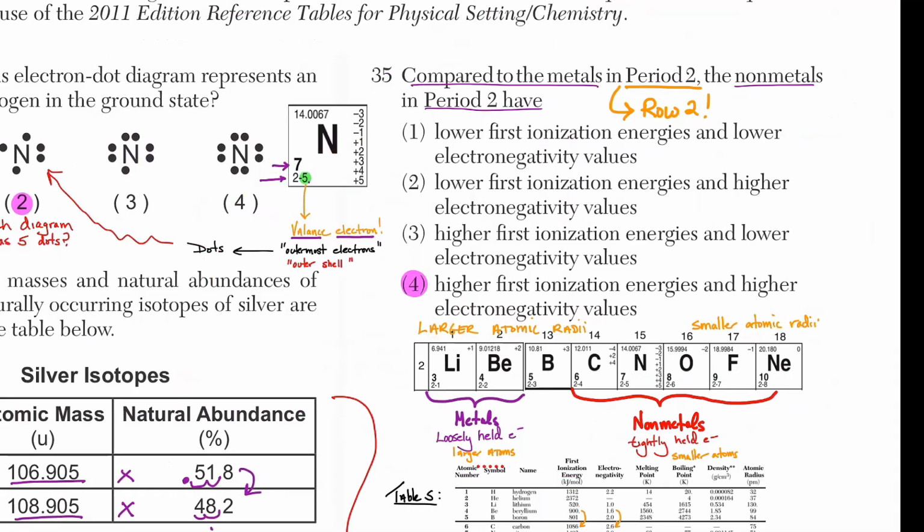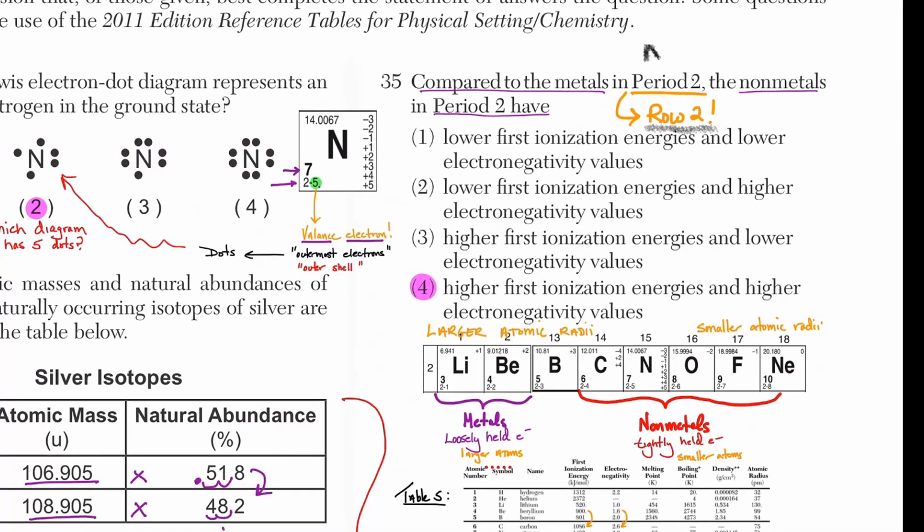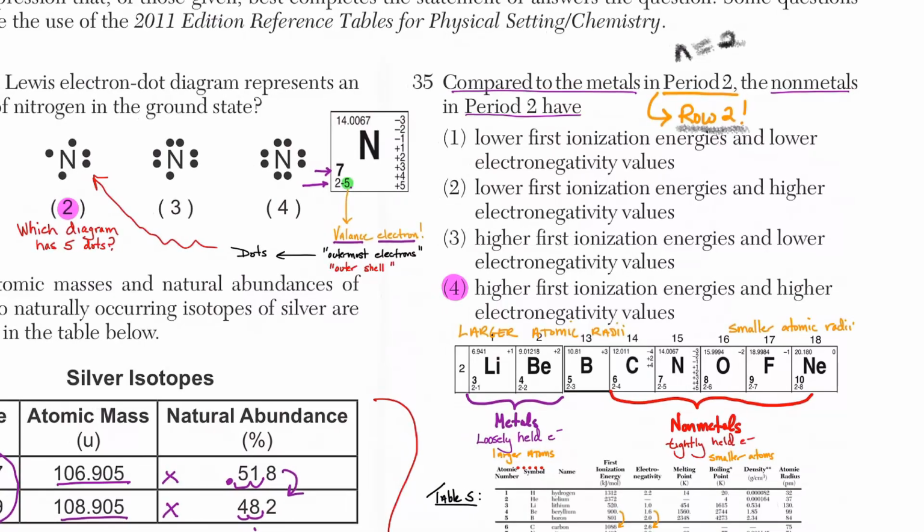Number 35 is our periodic table question here. Finally get some of these. In the next couple of tests, we'll definitely hit more of these. But compare the metals in period 2, that's row 2, or principal energy level 2, or n equals 2. Those are important synonyms there. Non-metals in period 2 have what? Well, you have to understand, if I'm in period 2, my friends, in chemistry, I have this cutout of your reference table.